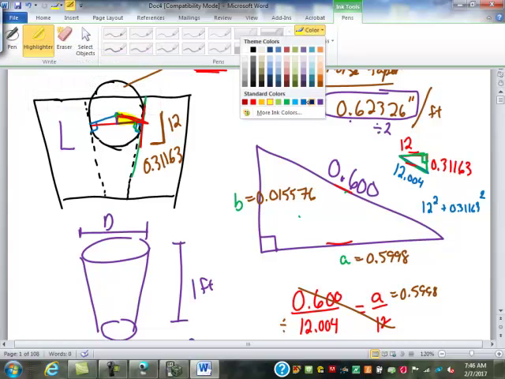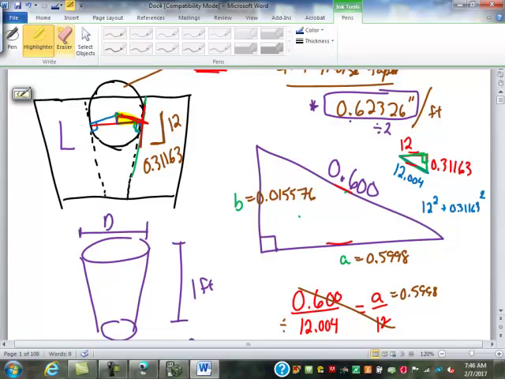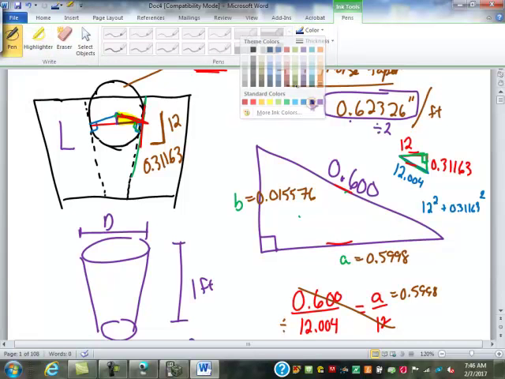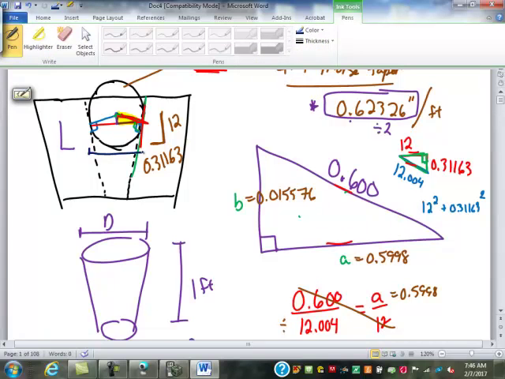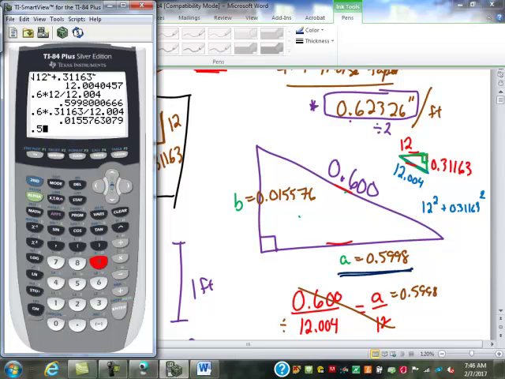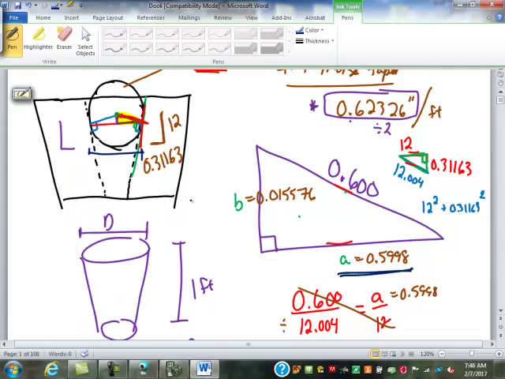What it tells me, first of all, is that the distance across here, in other words, the diameter of that tapered hole where the ball is sitting in it, is twice A, 2 times A. So it's 1.1996. It's also telling me that that is located that far below the center of the ball.